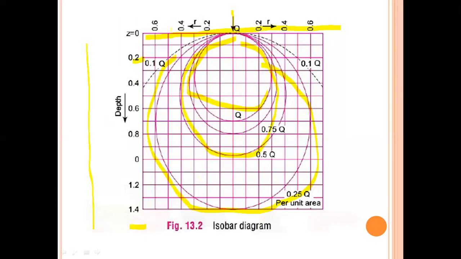Here, on the left side 0.2, 0.4, 0.6 is the radius r, and similarly on the right side also the same radius 0.2, 0.4 and 0.6. Here the first one is the load q value, and similarly 0.75 q, 0.5 q. It is the 0.25 per unit area each value.